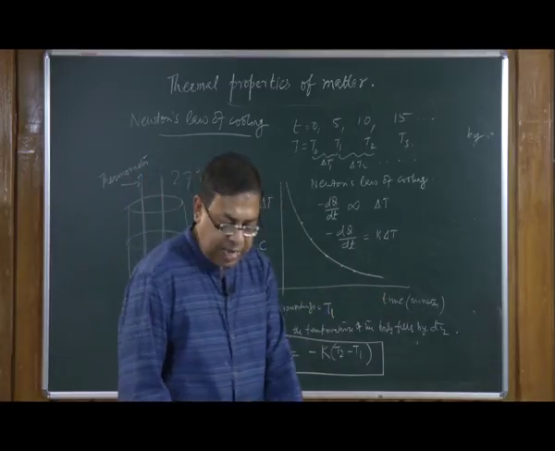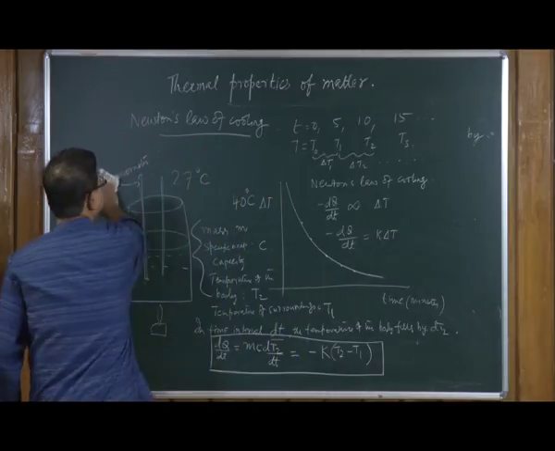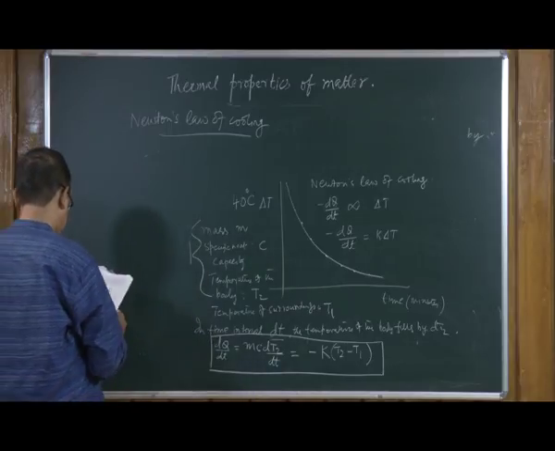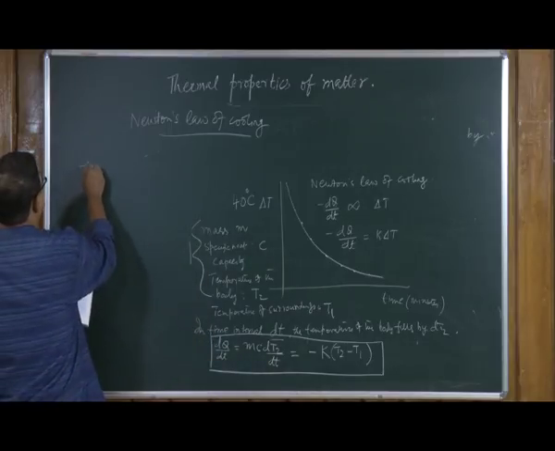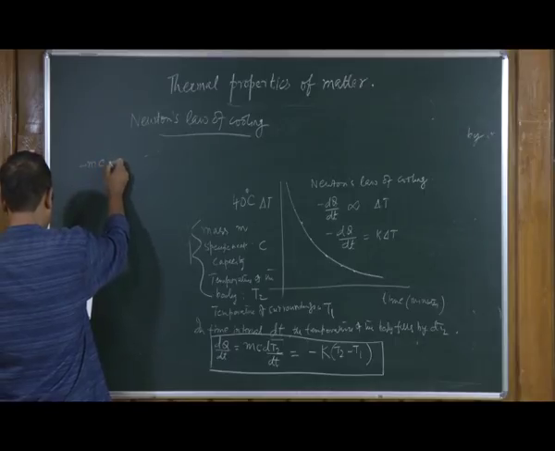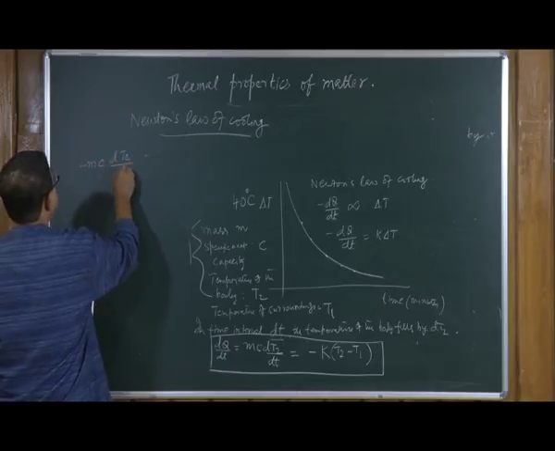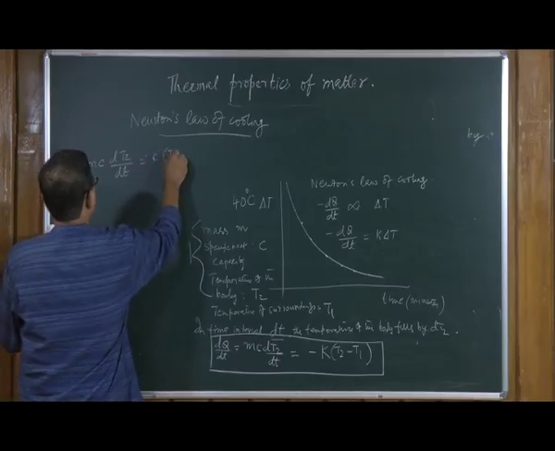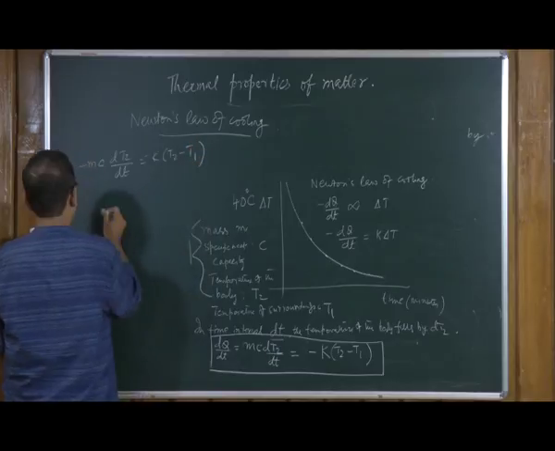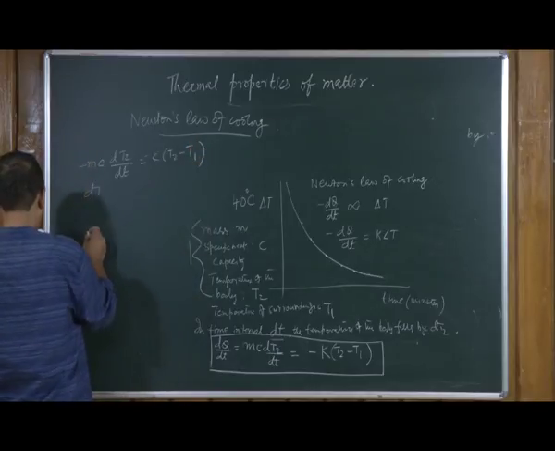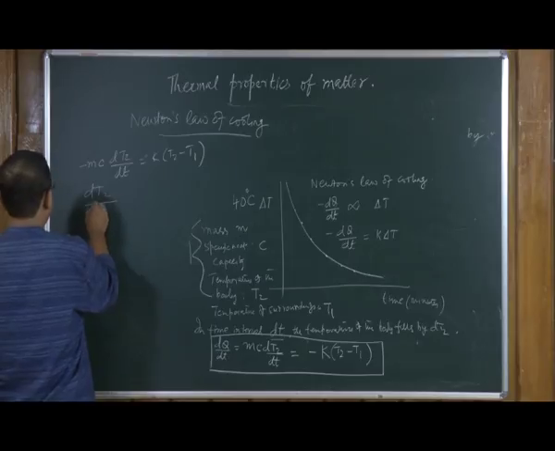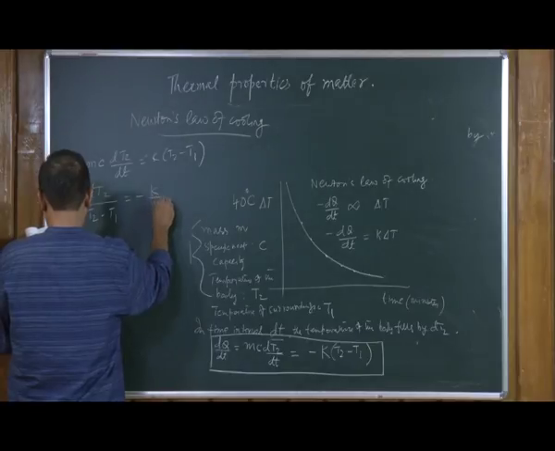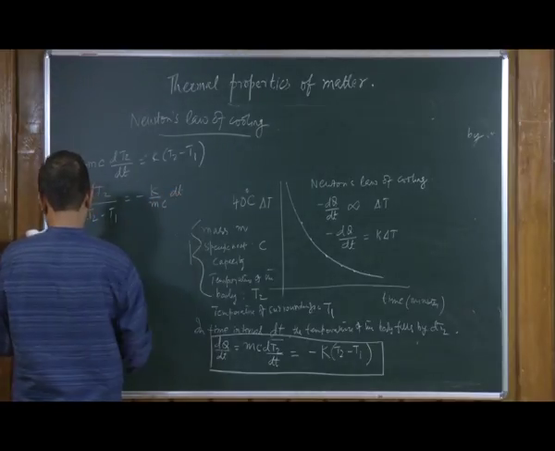So, in order to solve that, let us solve this equation, which now looks like minus mc dT2/dt equal to k(T2 minus T1). So, dT2 divided by (T2 minus T1) equals minus k over mc dt.